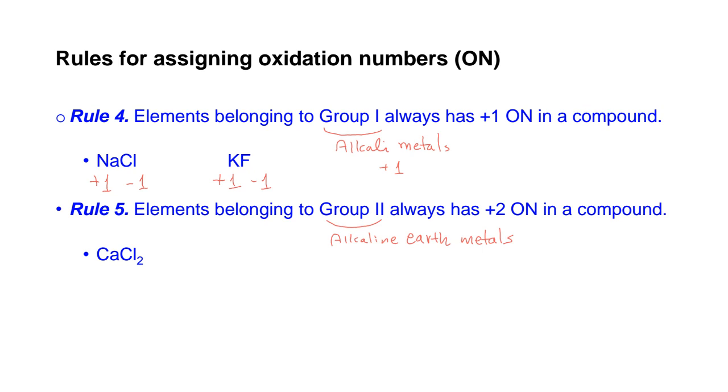So the oxidation number of calcium in CaCl2 must be +2. And if we apply rule number 3, the oxidation number of chlorine will be -1. So you can say that the 2 electrons from one calcium atom are transferred to 2 chlorine atoms, each of which will receive 1 electron from the calcium atom.